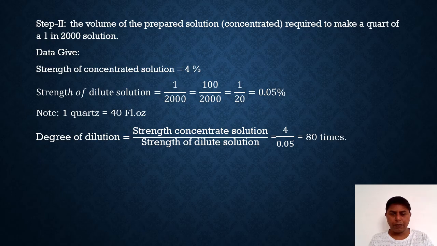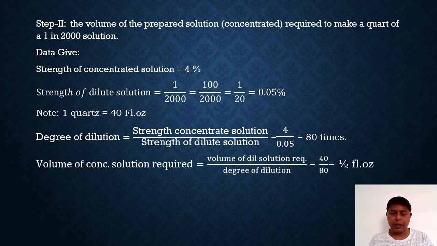We know the formula of degree of dilution: strength of concentrated solution upon strength of dilute solution. Putting the values, 4 divided by 0.05 gives 80 times the degree of dilution.